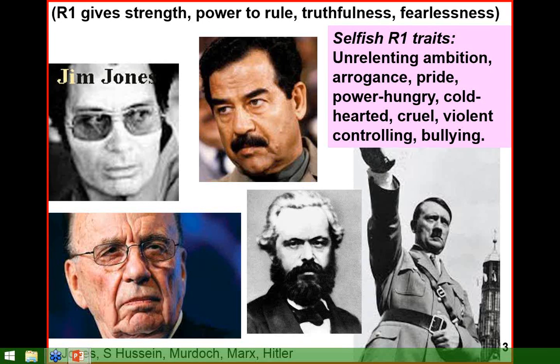And the same with Hitler, of course, who had these grandiose ideas of creating the new Germany and the master race and that pure race. And we know history tells us about the atrocities that he committed.